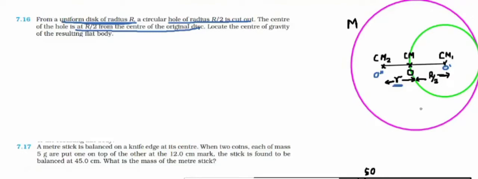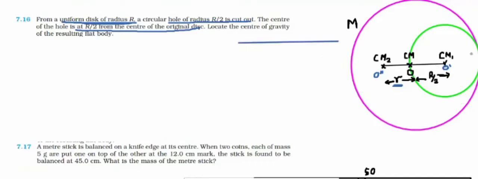The mass of the remaining part is concentrated at CM2, at O double dash, which is another object. Their center of mass is at O, which is the actual center of mass of the disk.